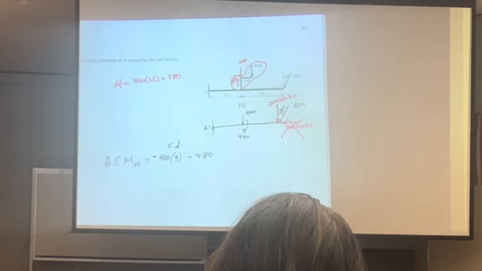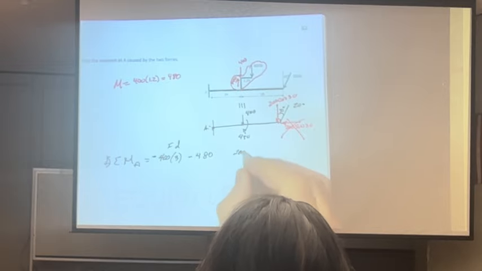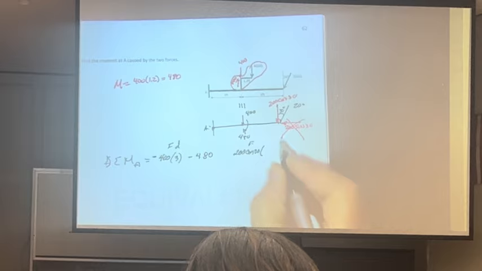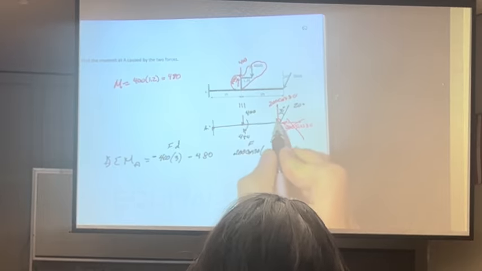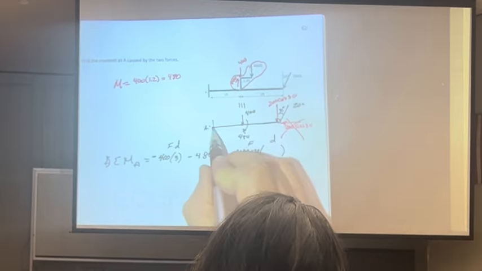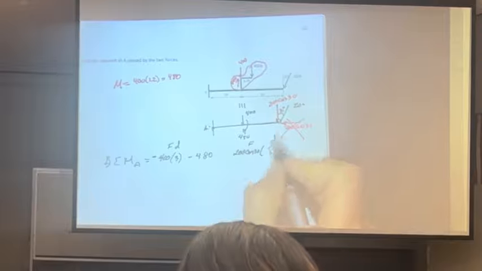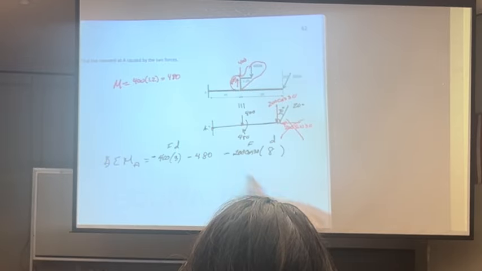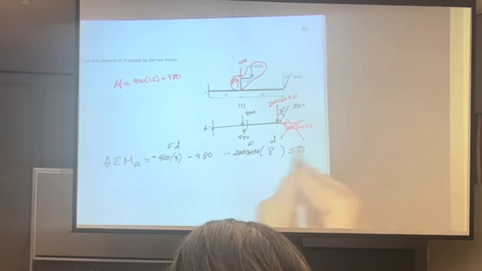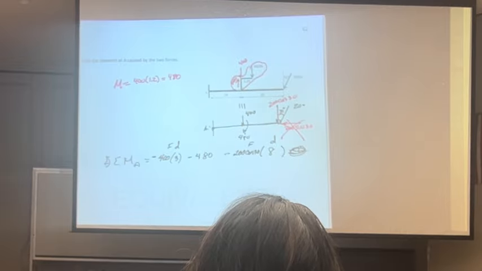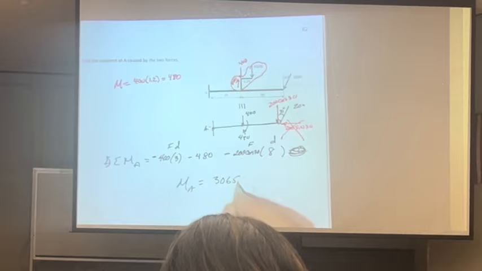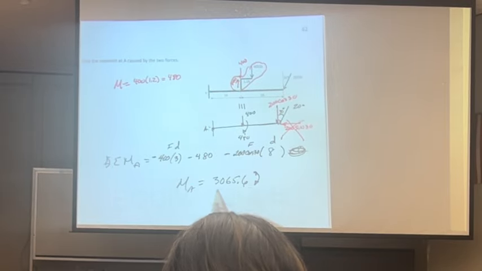Now, this is going to be 200 cosine 30 times, there's the force. Here comes the distance. The distance from this arrow all the way over here is 8. And that's creating a clockwise moment, equals, that's the value. So the moment at A is going to be 3065.6 clockwise.